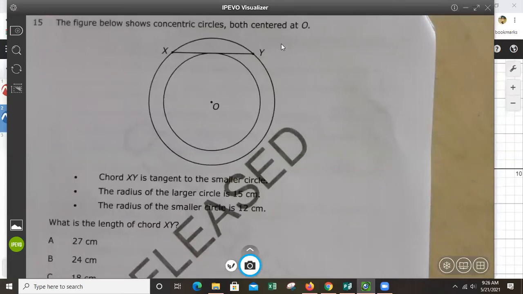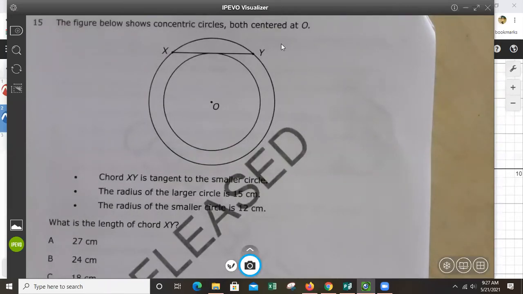Concentric circles mean like bullseye. They just get bigger and bigger and bigger. So concentric means there's a smaller one inside of a bigger one. Chord XY is tangent to the smaller circle. Tangent just means that it touches one point.